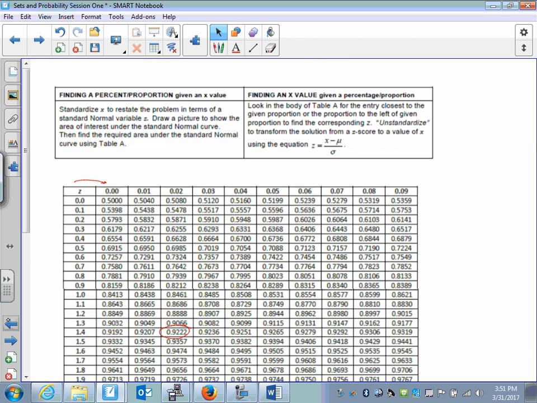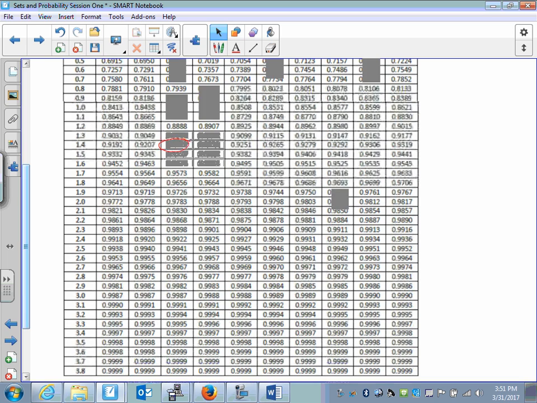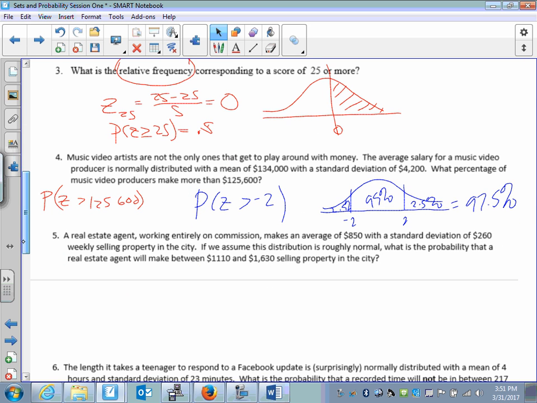Now, if we actually look 2 up on the table, and we probably ought to do that, it would be here. We get 0.9772. That would be all the values to the left of 2.